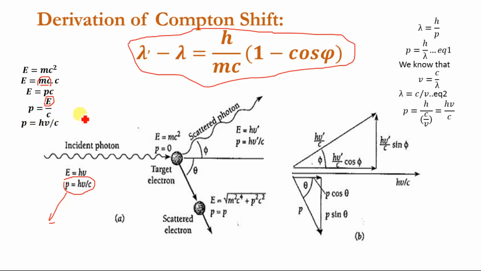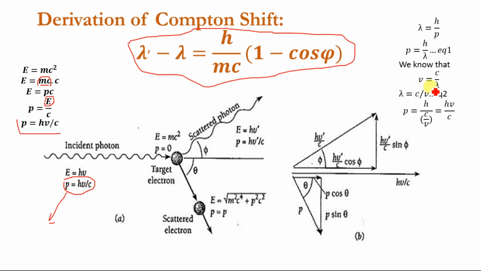The second method for deriving this momentum term is from the de Broglie wavelength. We know that the de Broglie wavelength is lambda is equal to h by p. We can write this equation in the form of P is equal to h by lambda. We know that V is equal to c by lambda, where V is the frequency.